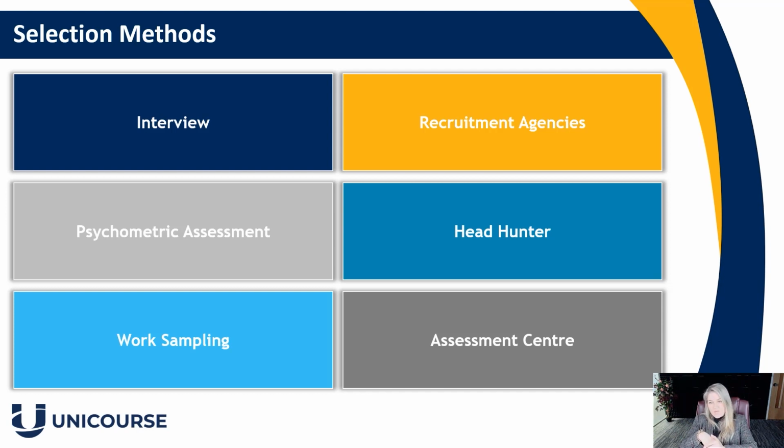It might be that you have maybe a Teams interview, and that helps you to see whether you can narrow that down. It might be that they have to do a psychometric test as part of that selection process. Or they might need to do a presentation if they're in a management role or a marketing role, where they need to be presenting. So there's many different selection methods.